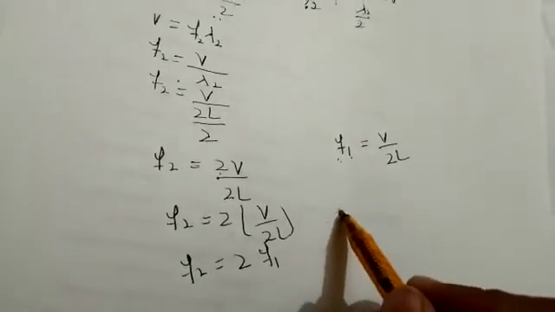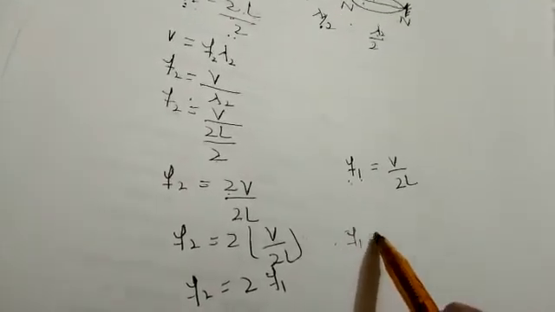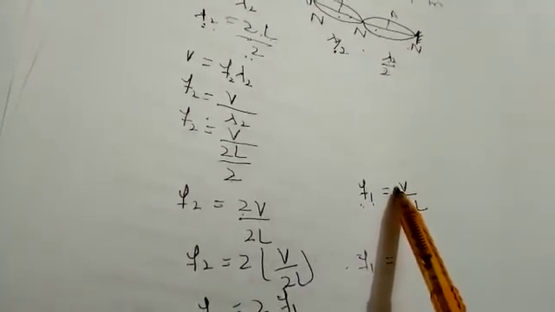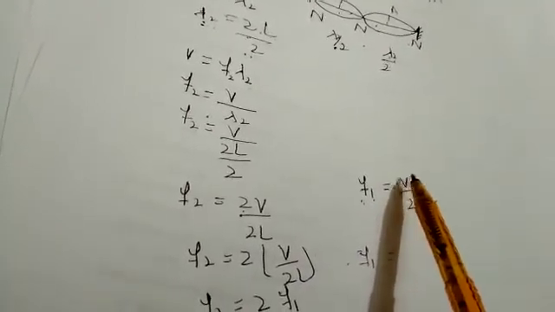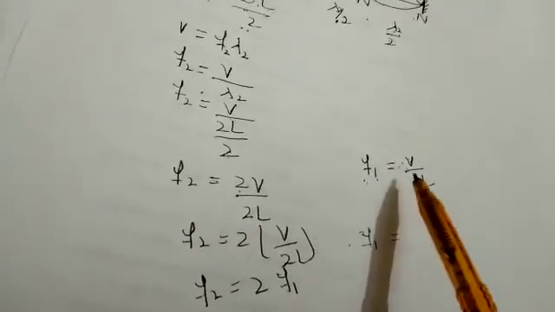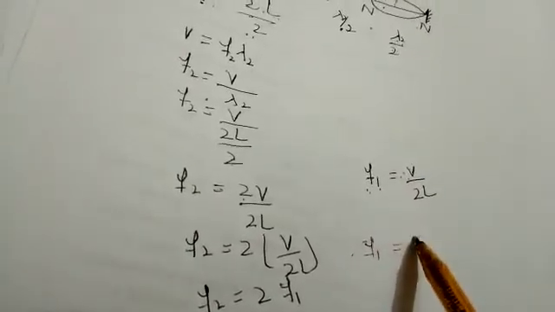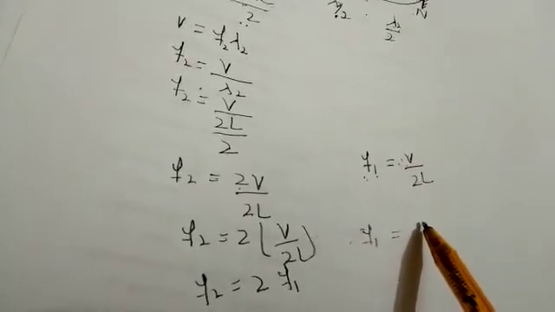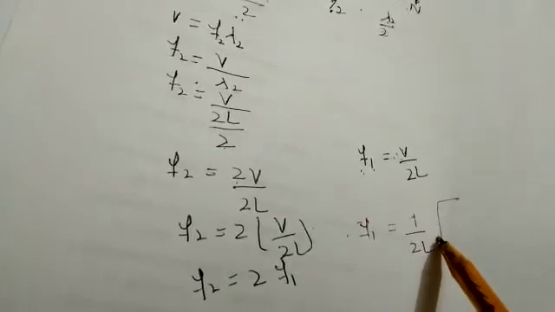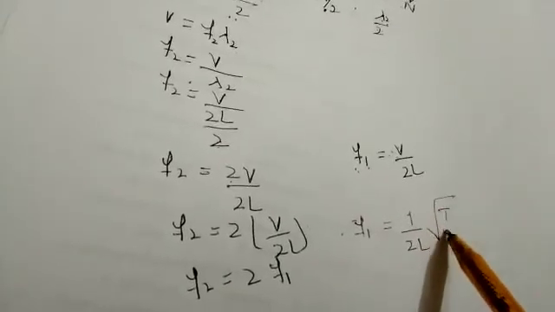We also write the expression for fundamental frequency f1 by putting the value of the speed of transverse stationary waves, that v is equal to under root T divided by small m, mass per unit length. After putting the value of v, we get the expression for fundamental frequency, that f1 is equal to 1 divided by 2L under root T by m.